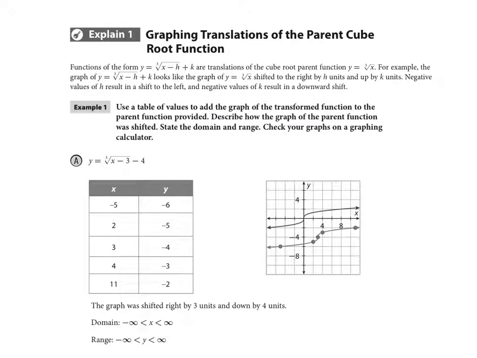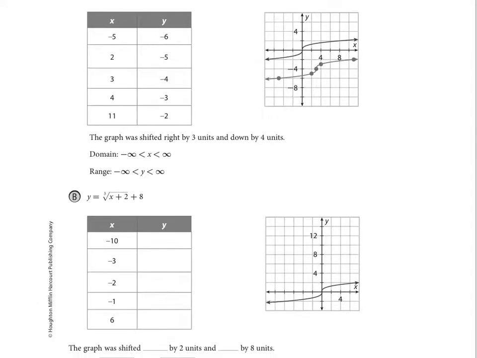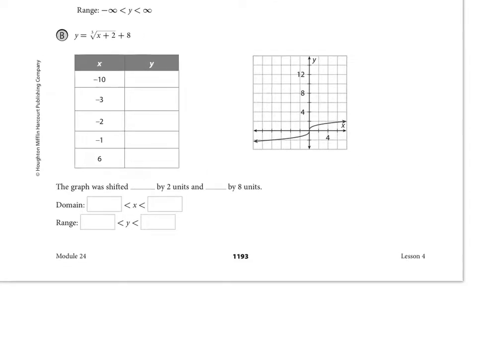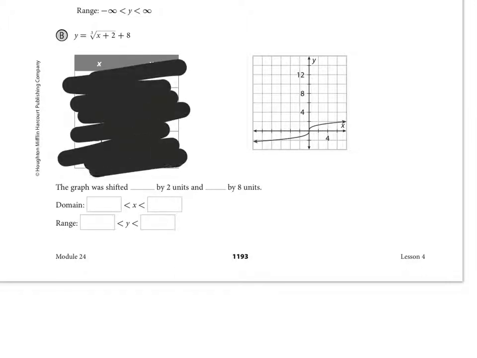So what about transformations with cube roots? Let's look at this particular example, example B. Again, I'm going to ignore the graph of points here. All I'm going to think about are my basic reference points and use those in relationship to graphing.